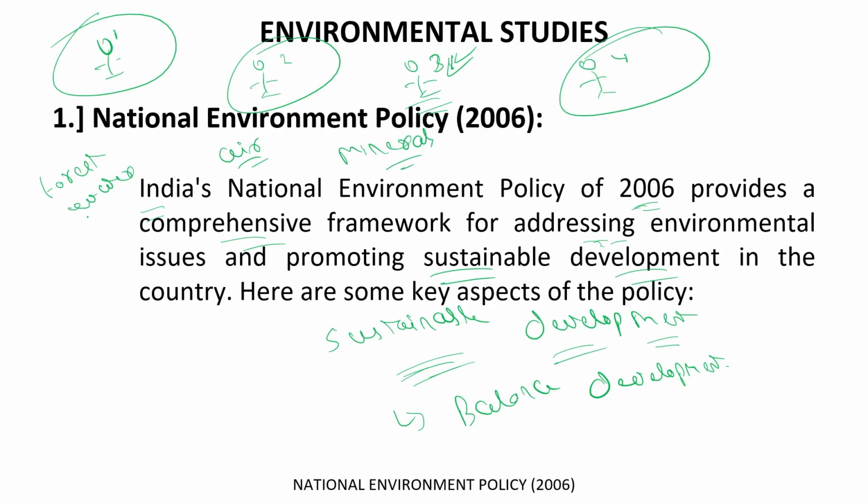These resources have been continuously transferring from one generation to another. Human beings require these resources to sustain their life so that they can live. That's why we call balanced development a very necessary part for the survival of the human race.